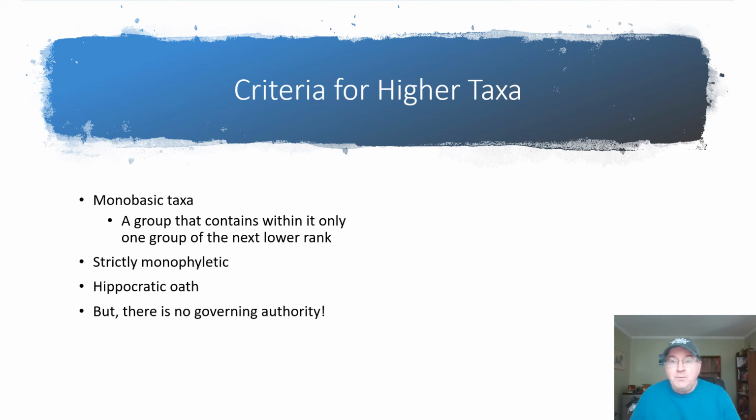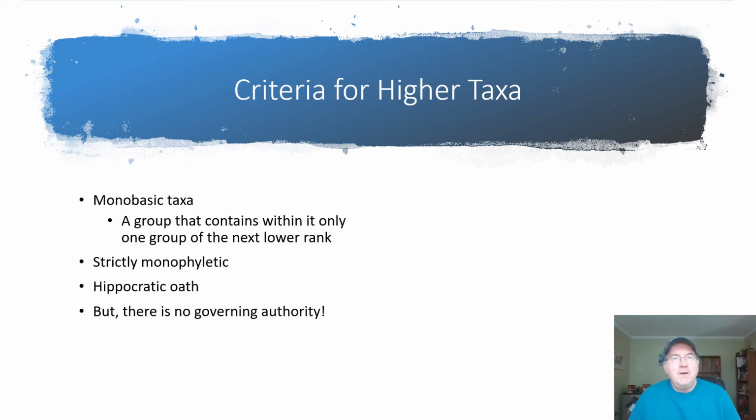For example, the tuatara off of New Zealand. There's nothing close to those creatures, and so there's basically only, I think, 2 species and 1 genus of tuatara in a family, in a superfamily. So we have a whole series of monobasic taxa there.